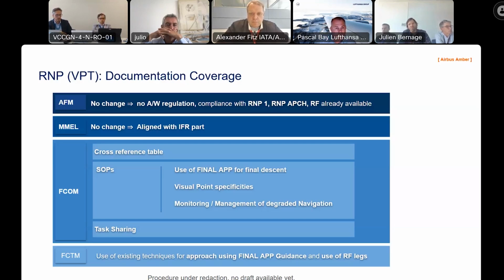We will focus on specific RNP VPT operation with the use of the final app for final descent, which will induce the manual deselection by the crew of the FLS guidance mode if the aircraft is equipped with both capabilities. Some specificities about the visual point, and also some specificities about the monitoring of lateral excursion and the management of degraded navigation, even in the visual part.